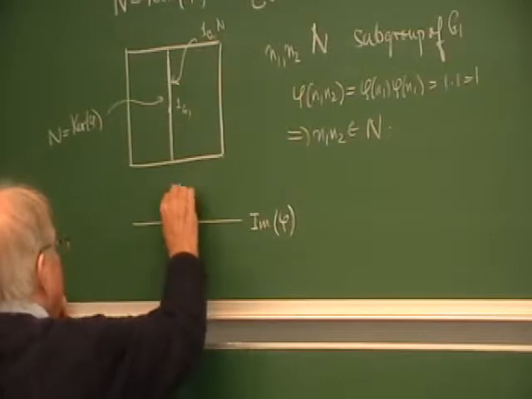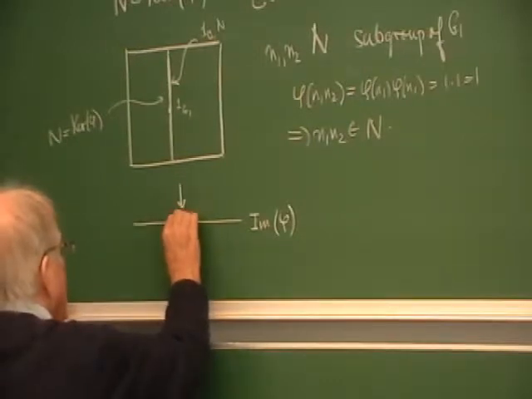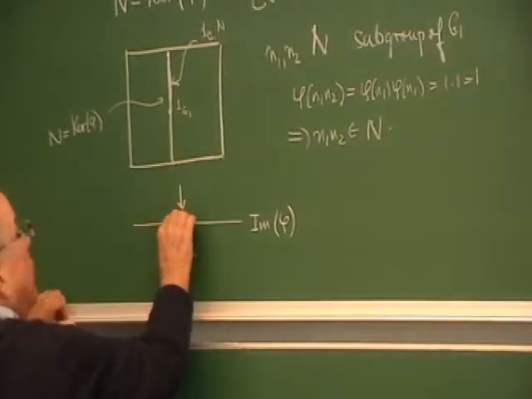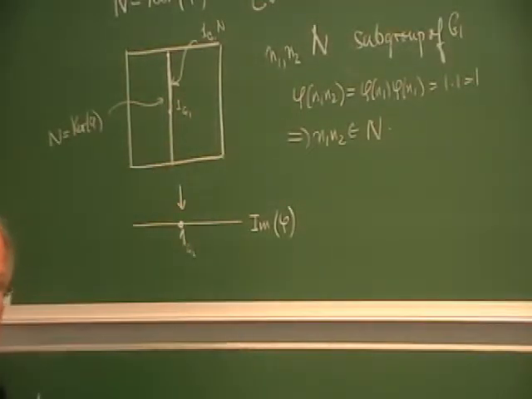And this is the mapping phi. And 1 is in the image, and here is everything that goes onto 1.